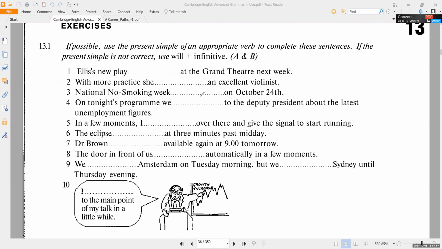Alice is a new play at the Grand Theatre next week. فنتكلم هنا إذا نتكلم عن Alice's new play.